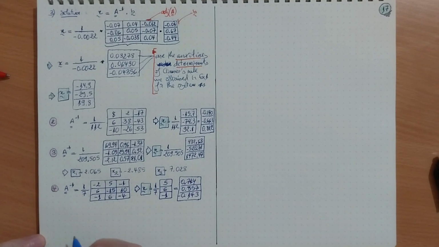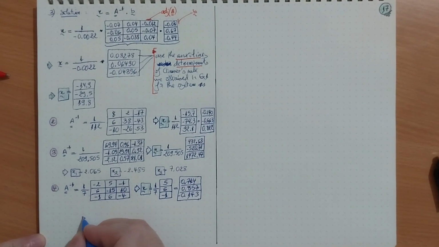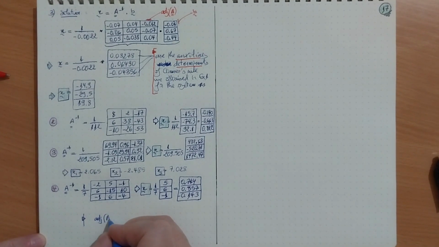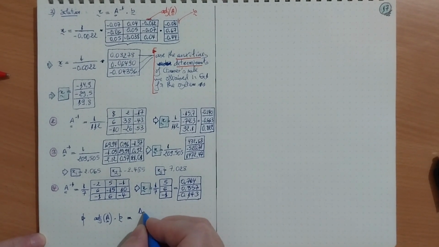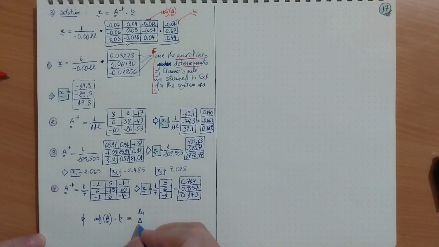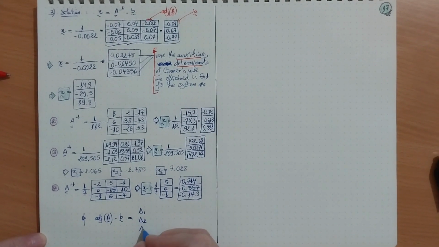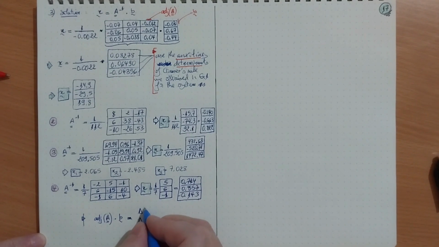So always check that the adjugate matrix dot the image vector is equivalent to the auxiliary determinant we have obtained with Cramer's method.